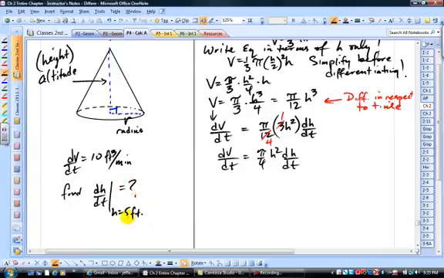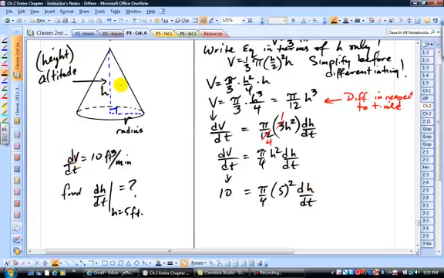So I have to substitute 5 in for h and 10 in for dV/dt. So this right here is 10, equal to pi 4 times h, which is 5 squared, times dh/dt. And I should get how fast the height is increasing over time in terms of feet per minute. Not cubic feet, because we're not talking volume here, I'm just talking about h.